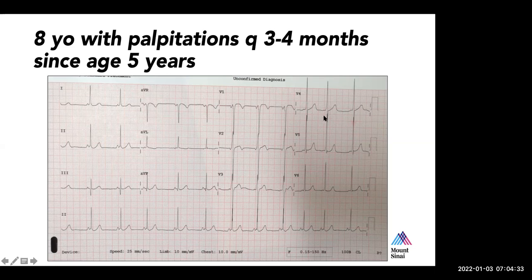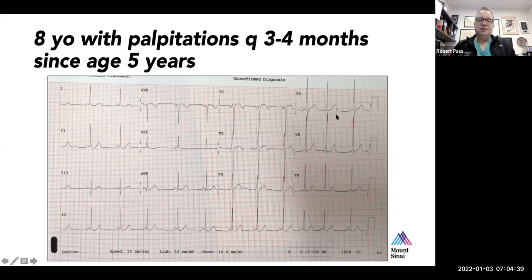So maybe WPW. Yes, exactly. So if you look here in V4, the PR also is very short with the delta wave. And in the rhythm strip lead 2, I think it's very clear that you have pre-excitation.